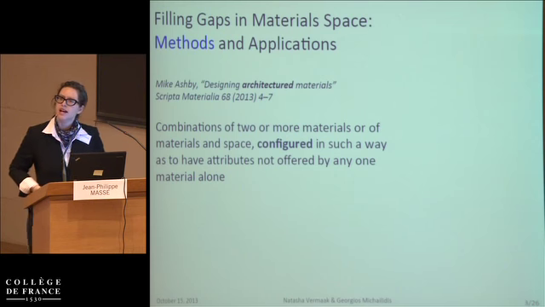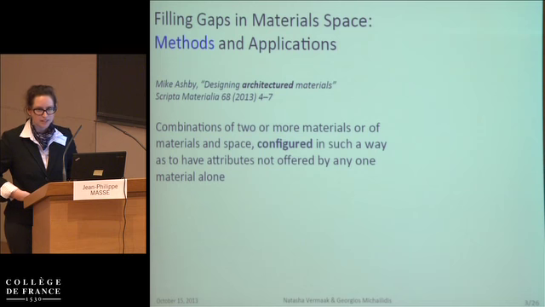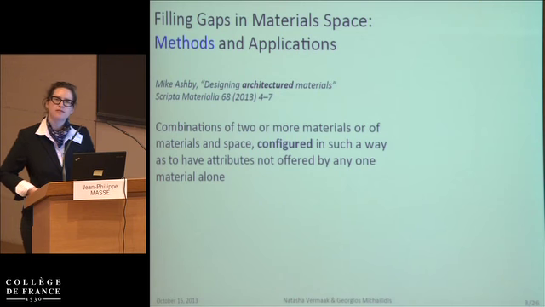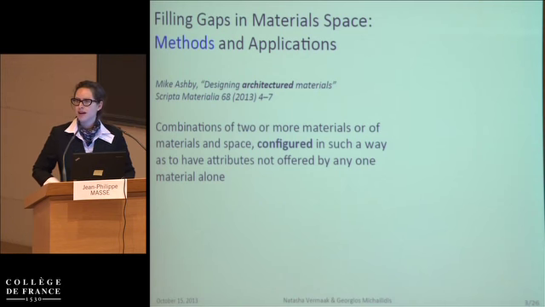I've emphasized configured here because we can benefit from many different tools that help guide us in best configuring materials in space. The addition here that I've made is best configuring, and that immediately lends us to ideas of optimization.